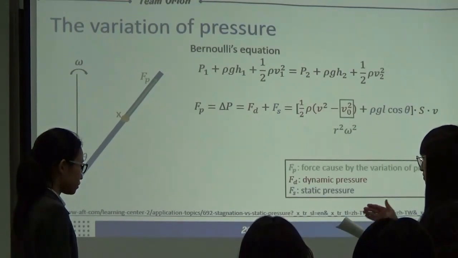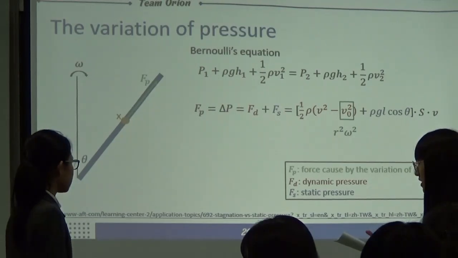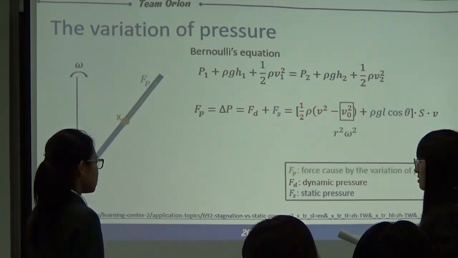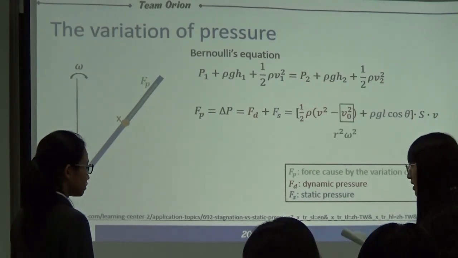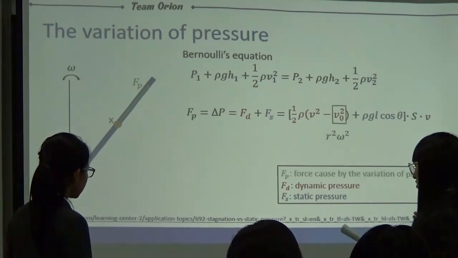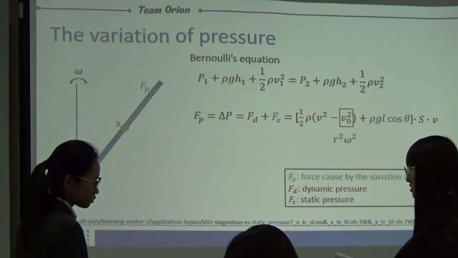In this experiment, I think the straw is rotating. So do you think the water in the straw is rotating? Yes, and Bernoulli is an ideal situation. So do you think it can be used in this experiment?